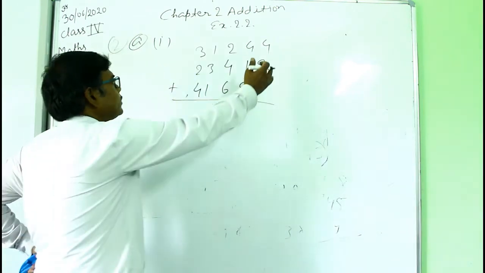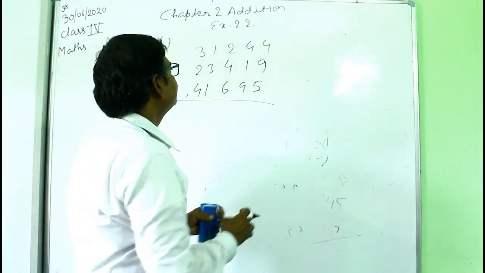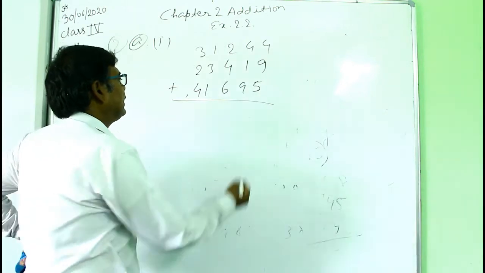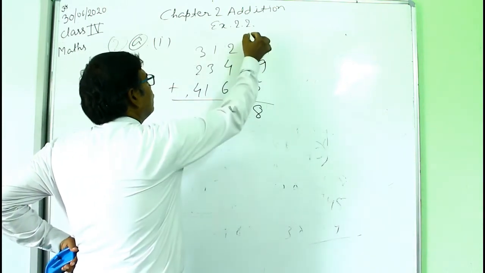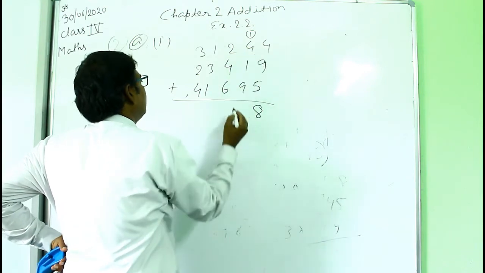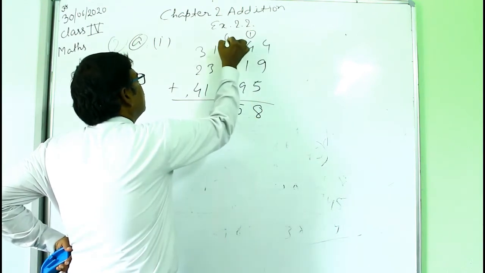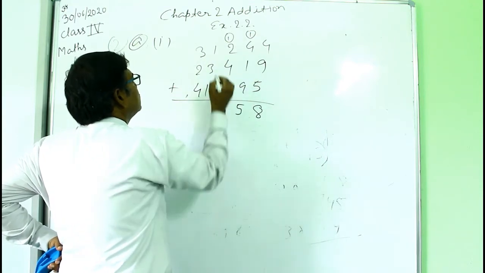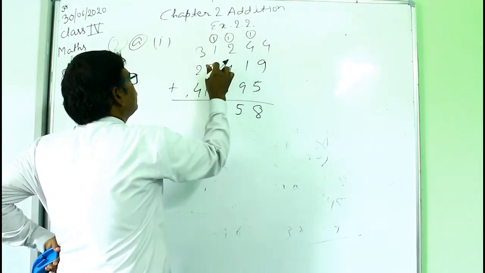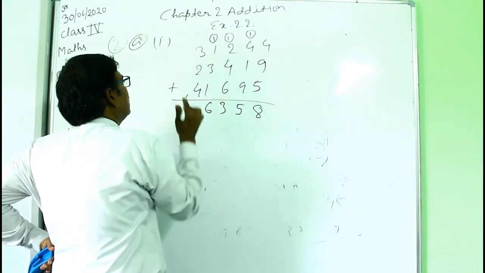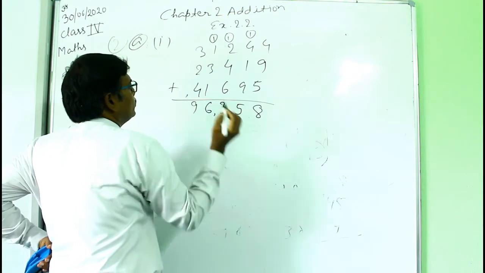What is the answer here? 9 plus 5 is 14, 14 plus 4 is 18. So 8, then carry 1, then 4 plus 1 is 5, 6, and plus 9 is 15, then carry 1. Then 2 plus 1 is 3, 4, 7, 6, 13. So 1 plus 1 is 2, 5, 6, then 3 plus 2, 5 plus 4 is 9. So this is the sum.